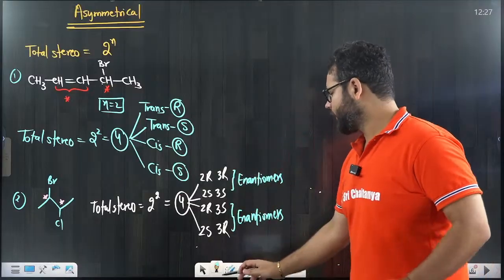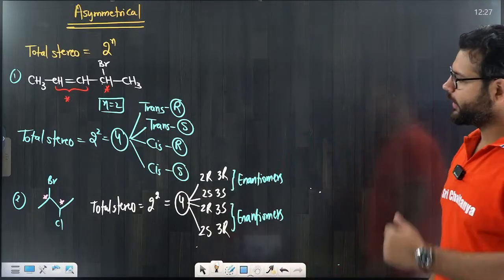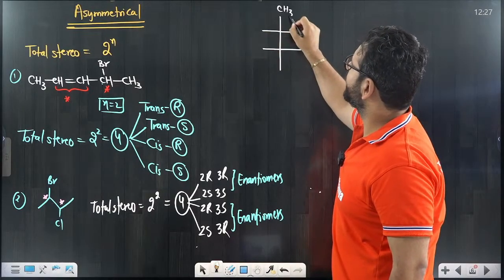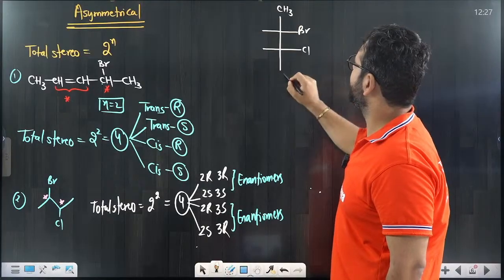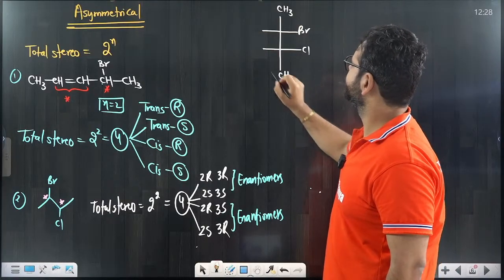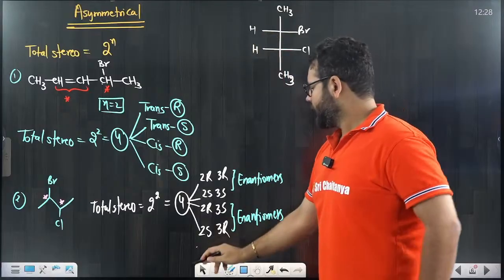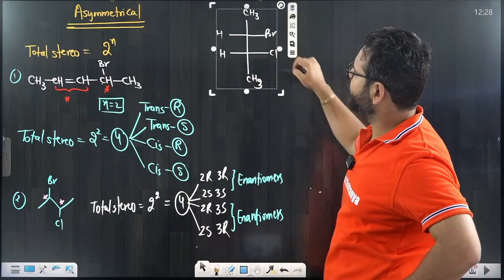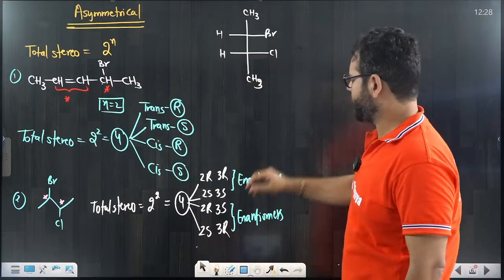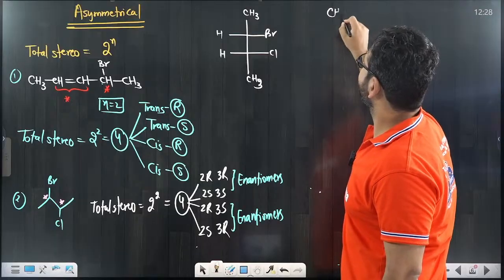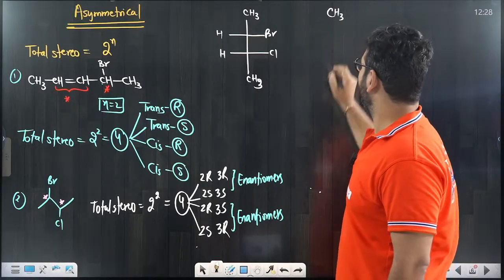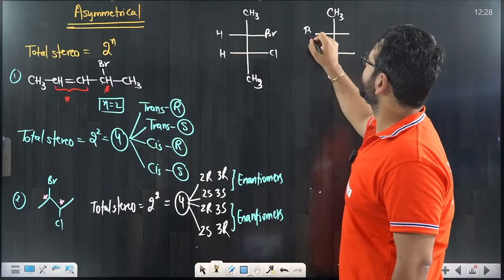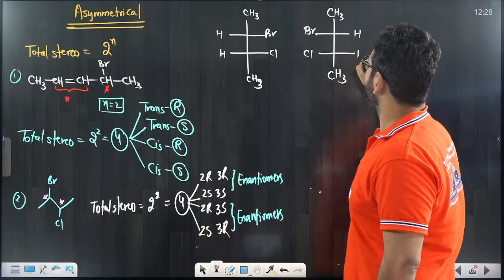Okay, so this is how we can check. If you want, I can draw them. You can just see here: carbon number 1, carbon number 2, carbon number 3, carbon number 4. Let's say this is the first compound I am drawing. Obviously, it is optically active. I cannot see any plane of symmetry. I'll draw its mirror image, where Br and Cl go to the left side.